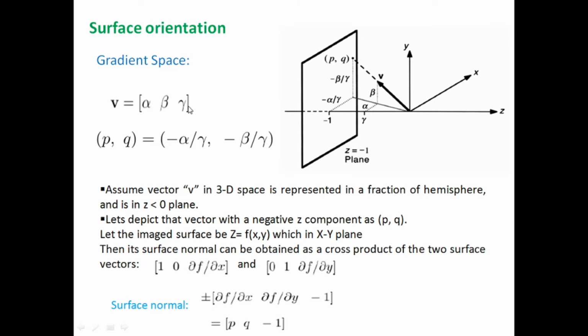At alpha, beta, gamma is the location of this point. Now if this point is projected on the image plane, definitely I will miss the 3D coordinate. That means I have here only two coordinates.